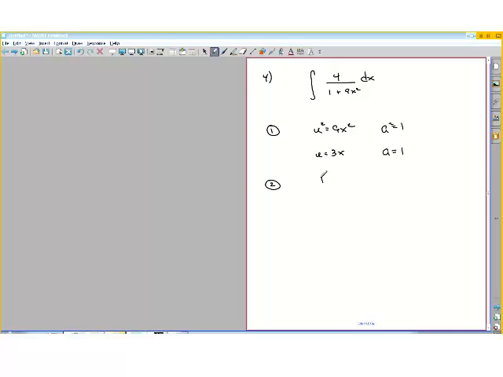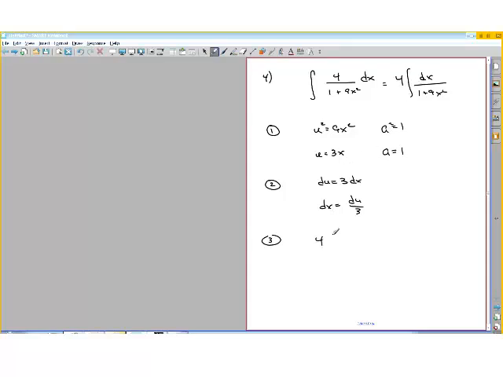Step 2, calculate du. Du is equal to 3 times dx. We have 4 dx, but what we would do is factor out the constant first. So we solve this for dx. Dx is equal to du divided by 3. Step 3 is to substitute into this expression.